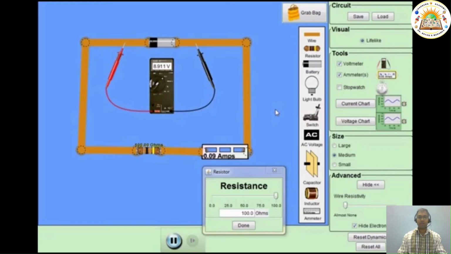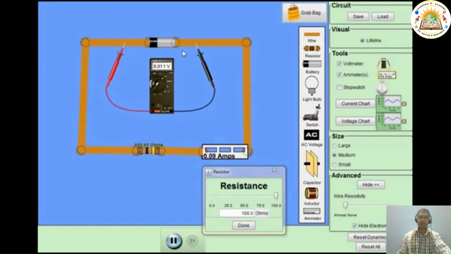Now in this multimeter you can see that it is reading 8.911 volt. It is not reading the exact 9 volt that we want. Why is it not reading 9 volt but 8.911 volt? It is very simple when you look at it, because we have the idea of internal resistance present in the cell.